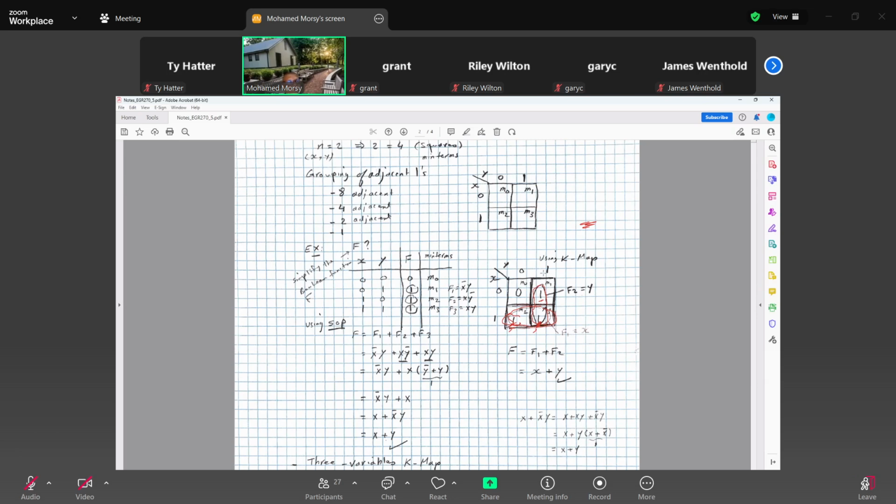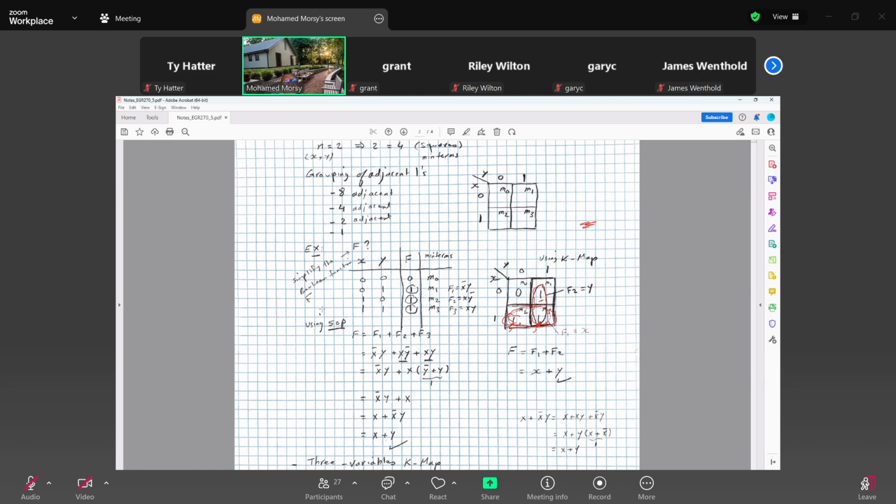Now we look in the vertical direction, towards y. What do we have for y? One value, which is 1. So we take y or y inverted? y. Exactly. So F2 equals y. So the solution, the Boolean function F, is F1 plus F2, which is x plus y.